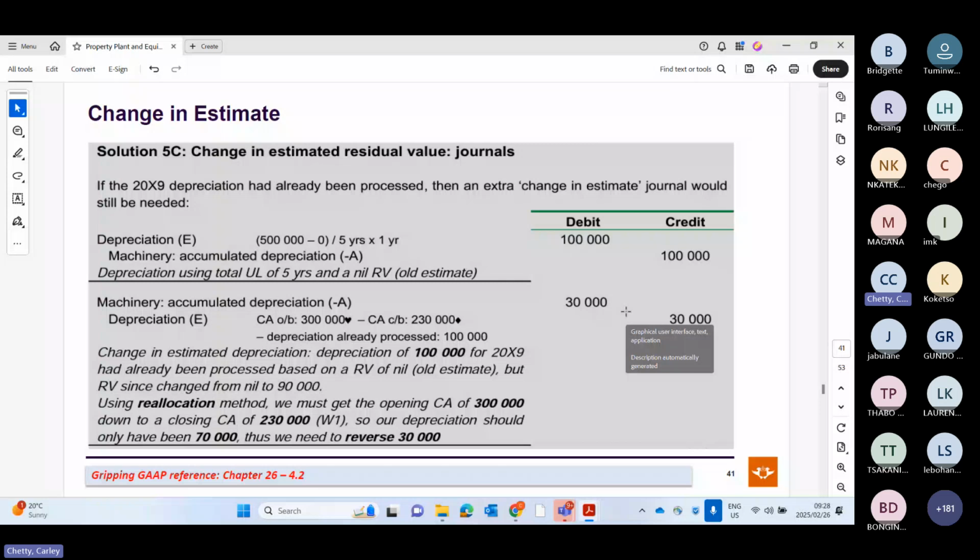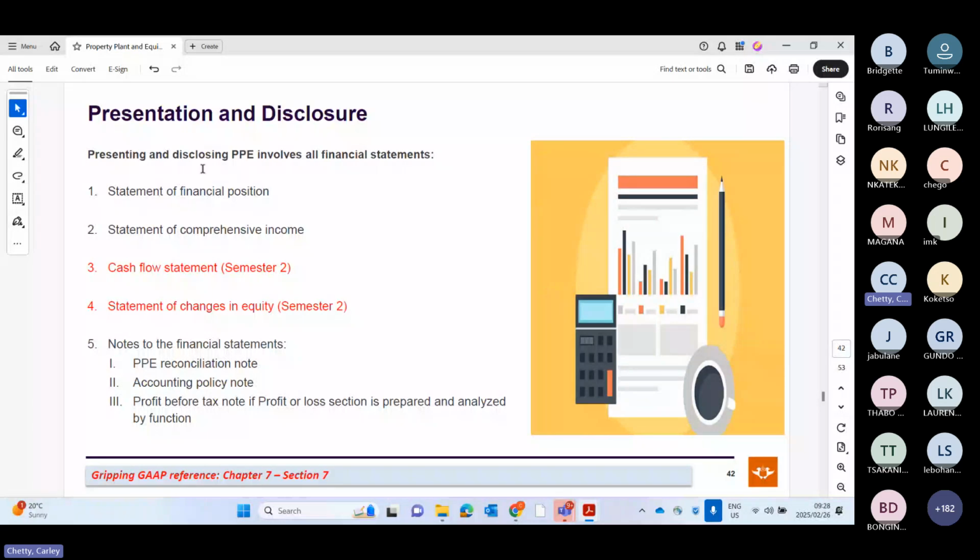So presenting and disclosing property, plant, and equipment will involve all of the following financial statements: the statement of financial position, the statement of comprehensive income, the cash flow statement, which we'll cover in semester 2, and the statement of changes in equity, which we'll also cover in semester 2. Then we also have notes to the financial statements.